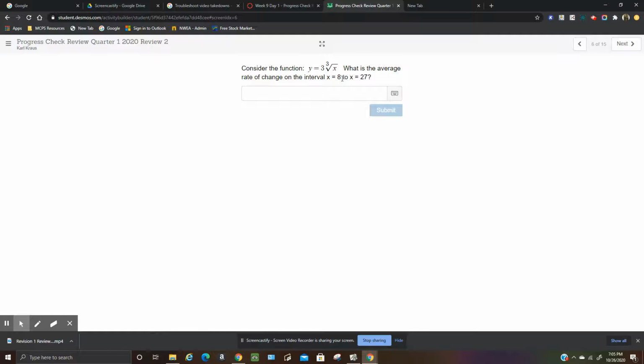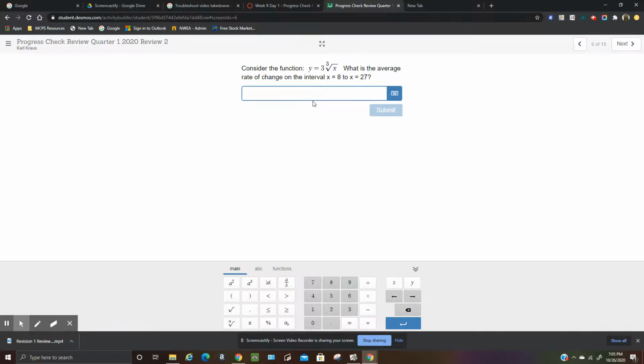And then this one, when x is 8, the cube root of 8 is 2, times 3 is 6. Y is 6. And x equals 27, y equals 9.